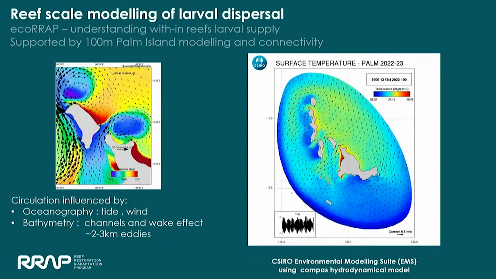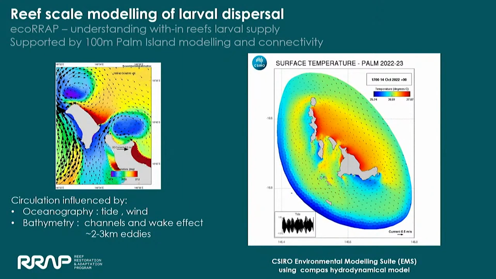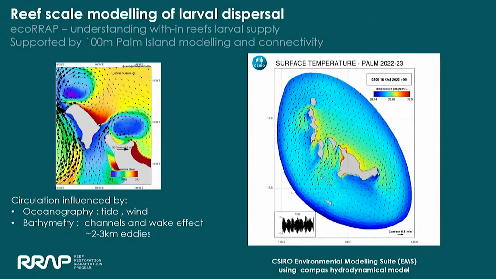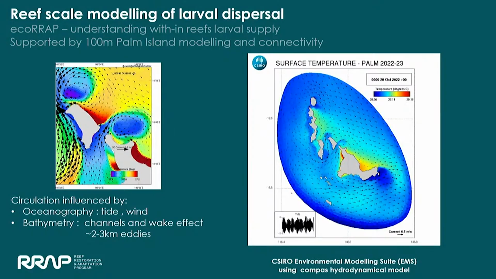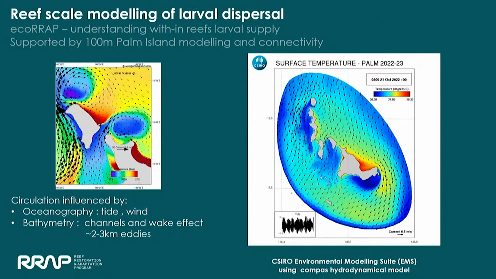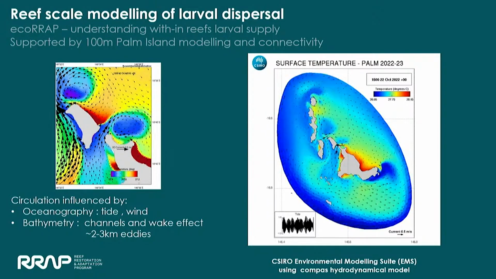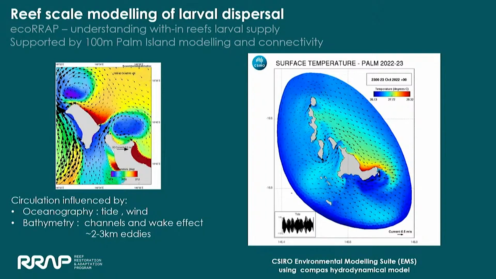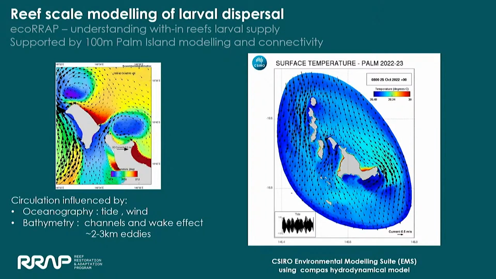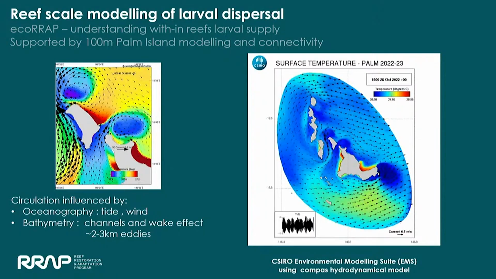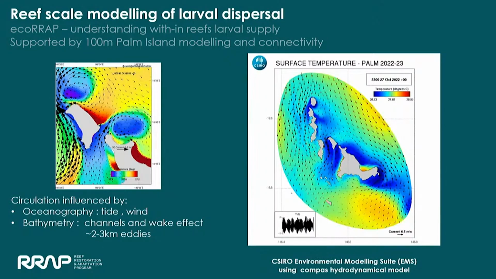On the left here is just a still image of those vortices, in the channel on top of Palm Island. You can see the scale of those vortices. They grow and go to 2 to 3 kilometers. That's what's going to converge your particles, converge your larvae, and impact the local supply in this area. So that's what the model can represent here.